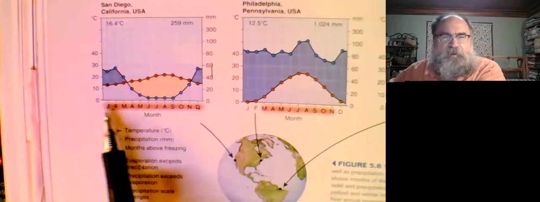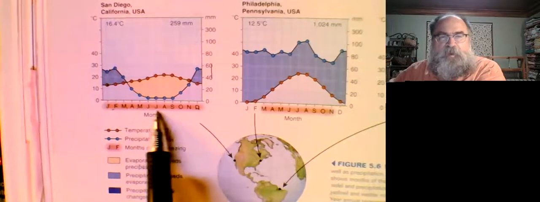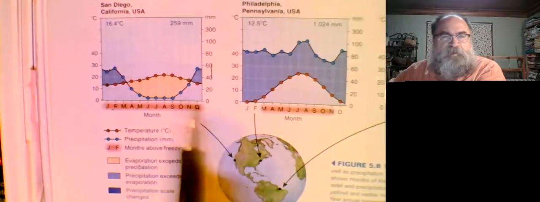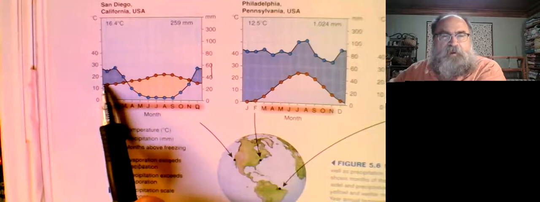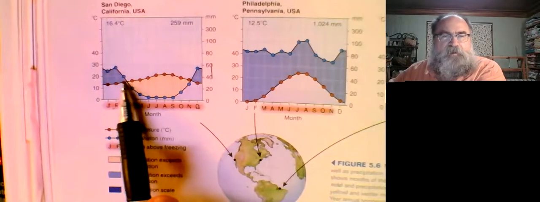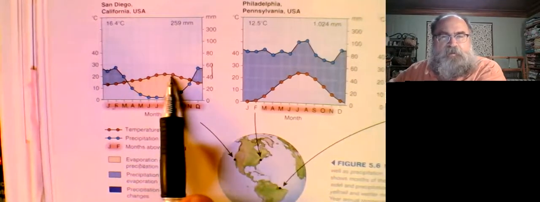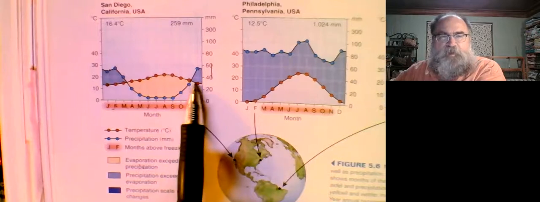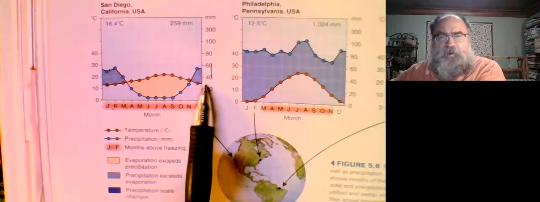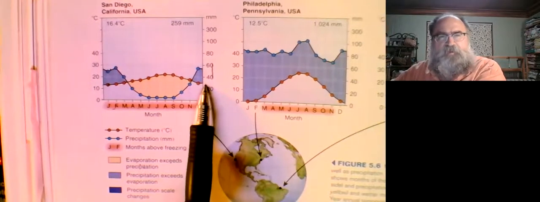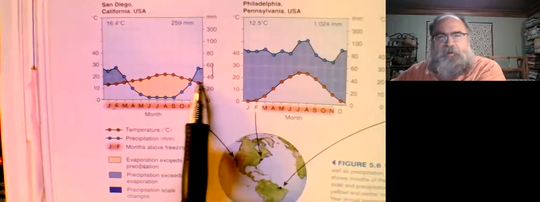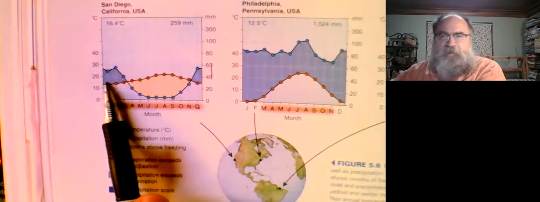We look at January, February, March, April, May, June, July, all the way to December. And what we see is, when we look at the temperature, it gets warmer in the summer, but never really gets all that cold, never gets horribly hot either. People like to live in San Diego.